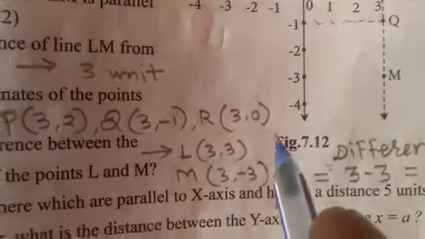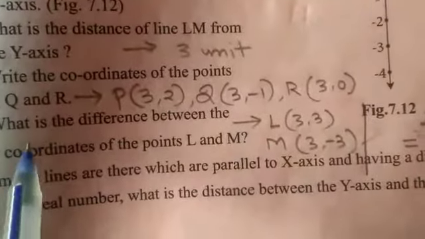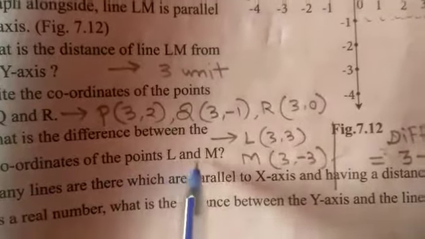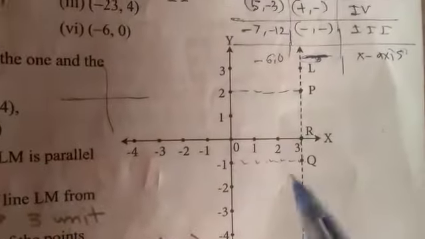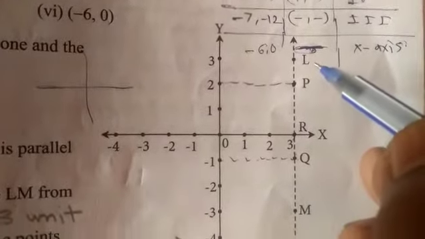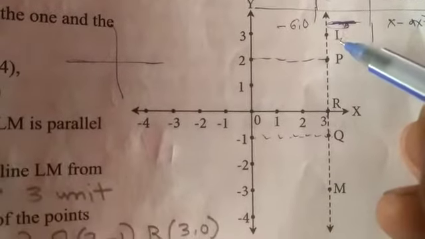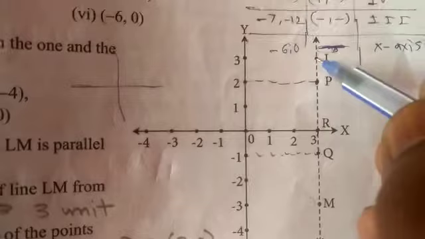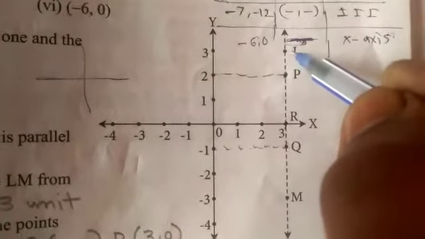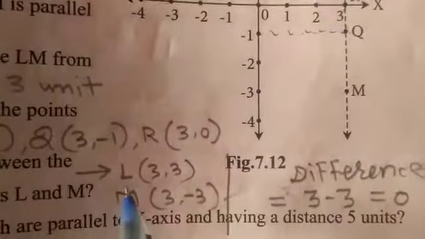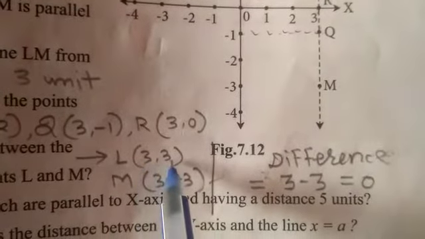Okay. The third question, what is the difference between the x coordinates of points L and M? See the x coordinate of point L. We can write directly the coordinate of point L. The coordinate of point L is 3 comma 3. Okay. x-axis 3, y-axis 3.